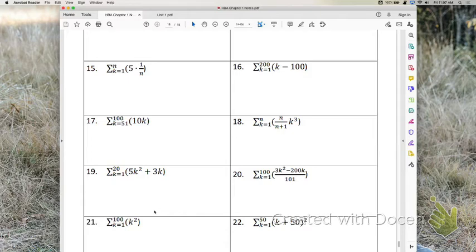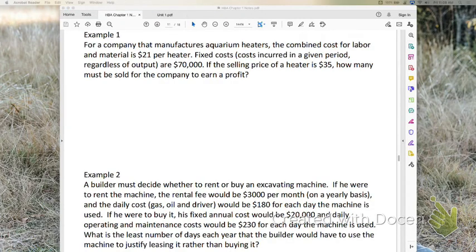Okay? Now, I have until 11:35. So when we look at example 1, we have a company that manufactures aquarium heaters. The combined cost for labor and material is $21 per heater. Fixed costs are $70,000.